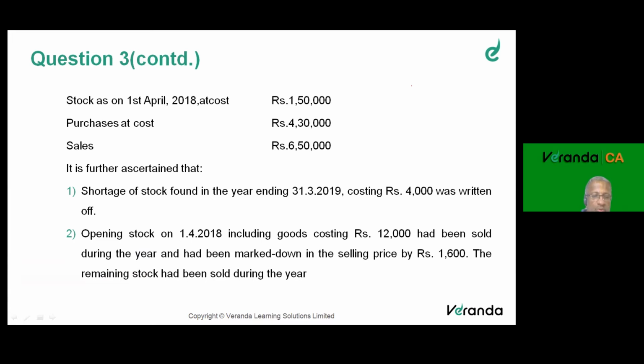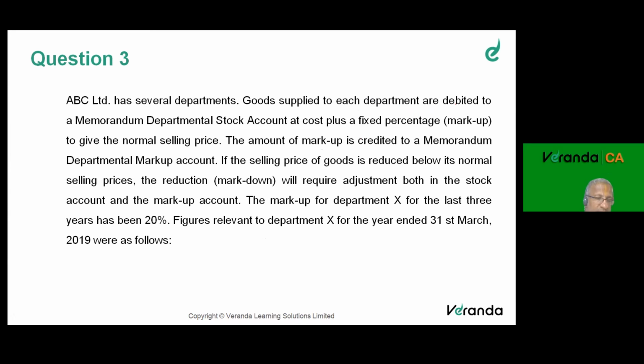We are expected to prepare the trading account at cost: to opening stock 1,50,000, to purchases 4,30,000, by sales 6,50,000. Then they have mentioned the rate of markup. So what is the rate of markup? Cost plus a fixed percentage.